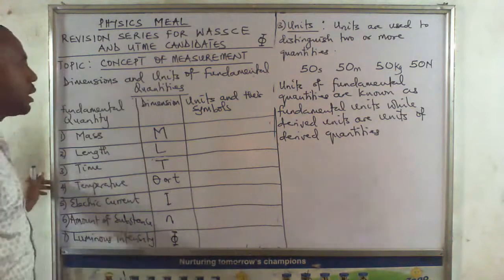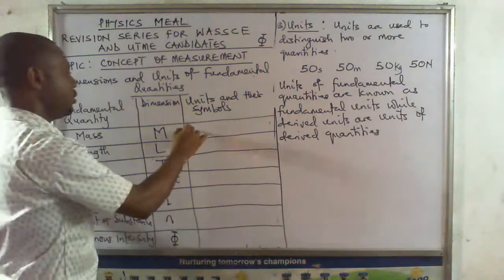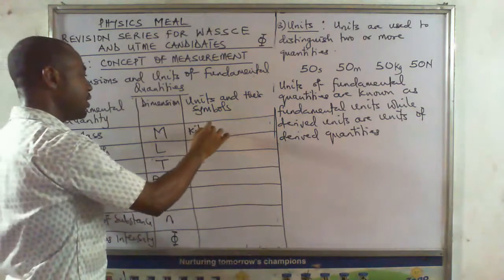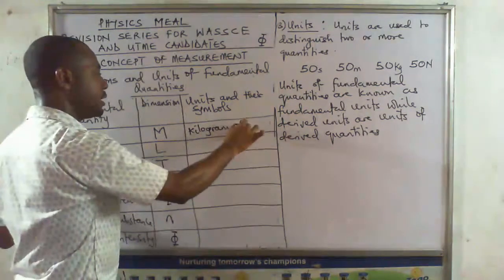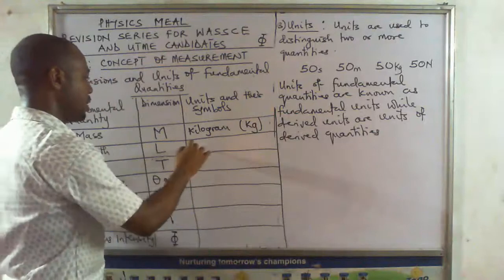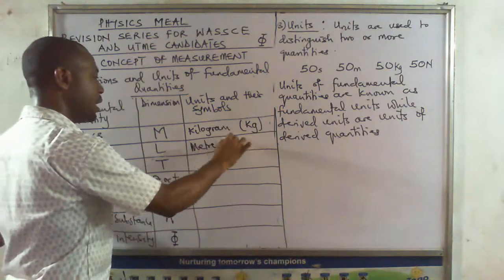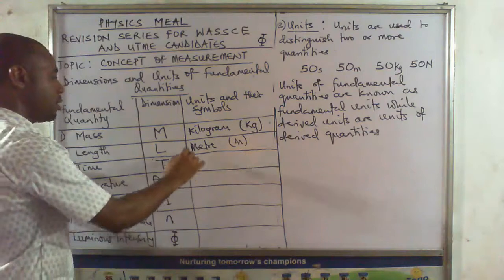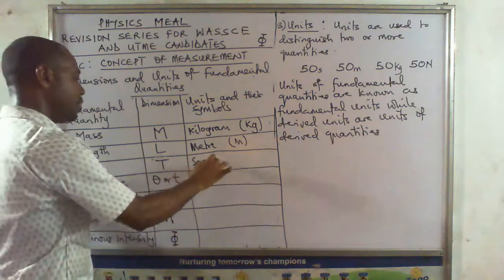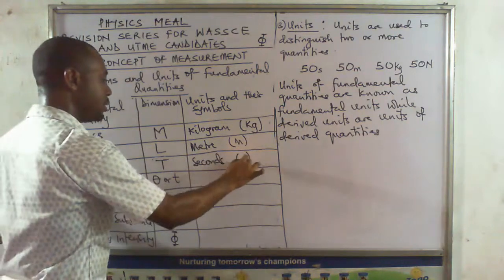Okay. Now, what's the unit? The unit of mass based on SI unit is kilogram, and the symbol is what? kg. What's the unit of length in terms of SI unit is meter, and the symbol is small m. What's the unit of time? SI unit seconds, and the symbol is small s.